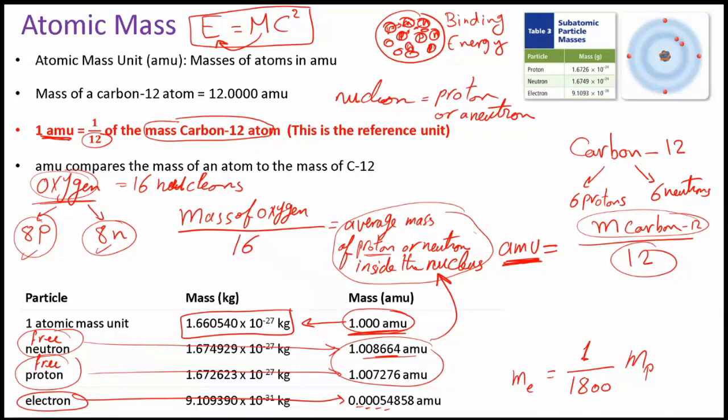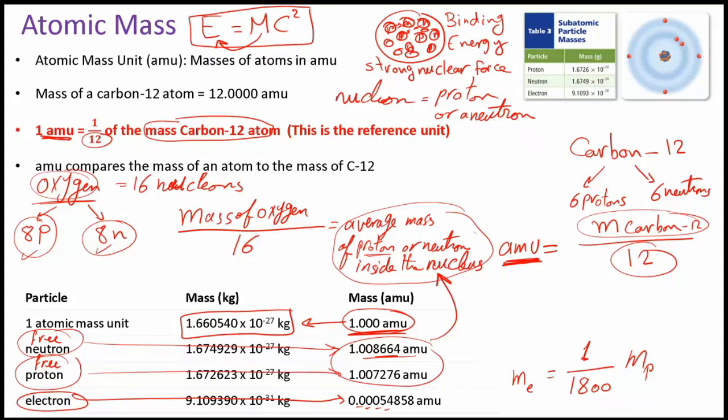What is the binding energy? It's some kind of strong nuclear force. If you remember when we studied physics and we studied the forces, we said there are traditionally 4 kinds of forces in the universe: the gravity force, the electromagnetic force, the strong nuclear force and the weak nuclear force. The strong nuclear force is responsible for attracting the quarks together. Do you remember the quarks that we studied last time?